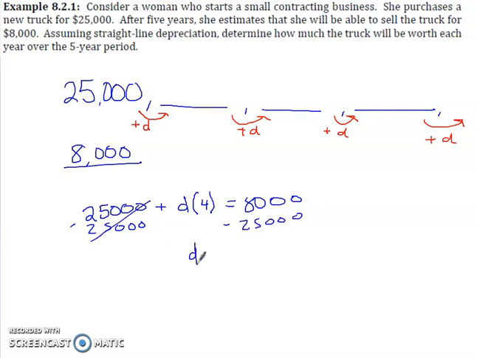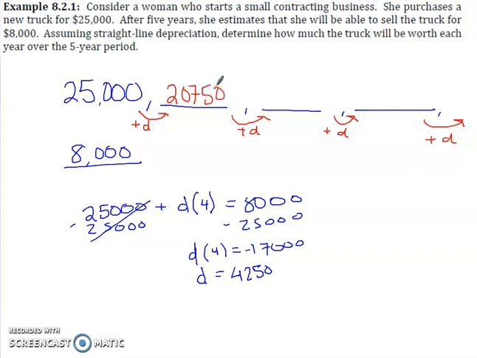And I solve my equation. 8,000 minus 25,000 is going to be negative 17,000. And then dividing by 4, my common difference is going to be negative 4,250. So in year 1, we know that it's worth $25,000. In year 2, we're going to be subtracting that $4,250, and we will end up with a value of $20,750.